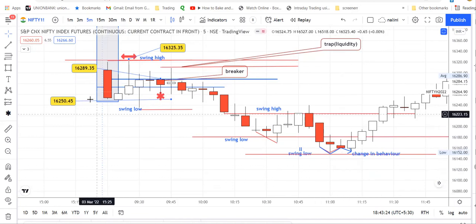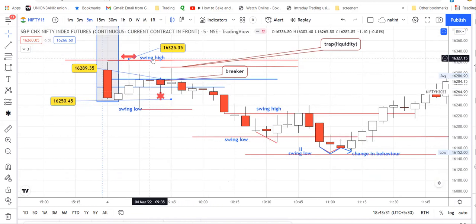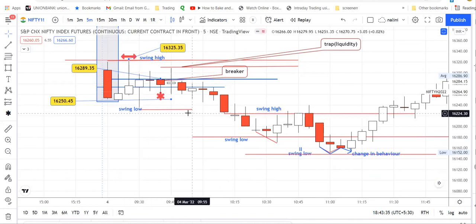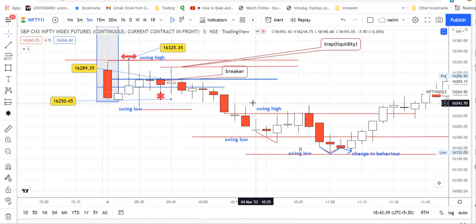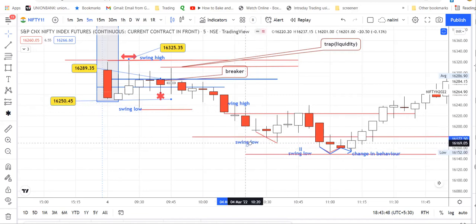See, start marking the swing low and swing high. So this was the swing high and this was the swing low, and after making the swing low, this was the swing high, and this was the swing low.